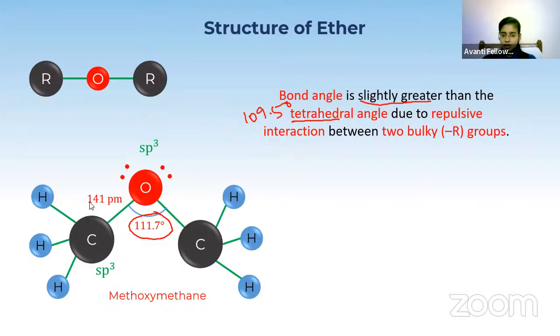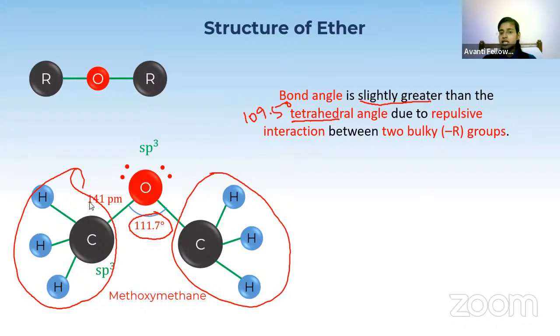So what they are trying to say is we have two CH3 groups. They are bulky, so they will try to keep themselves very far away from each other. If they try to keep far away, what will happen? The bond angle will increase.